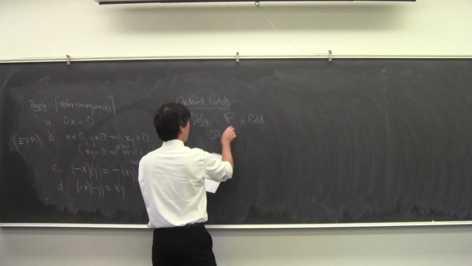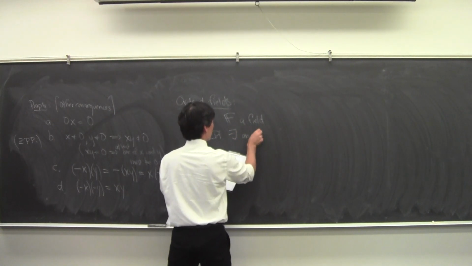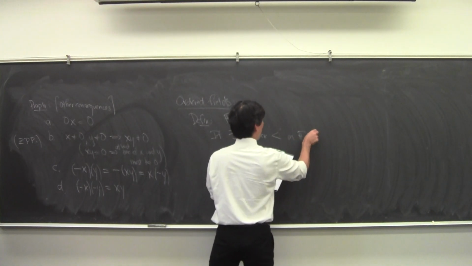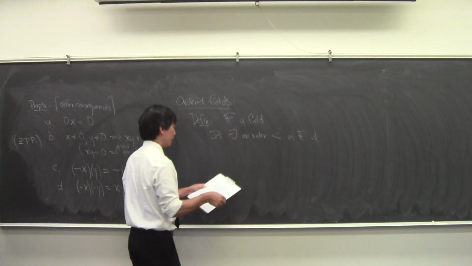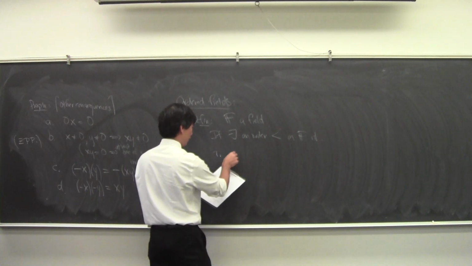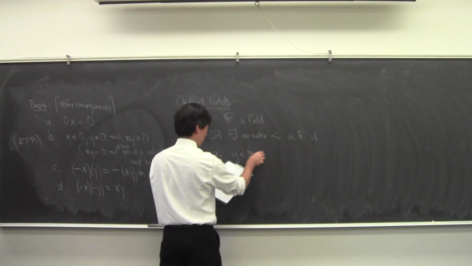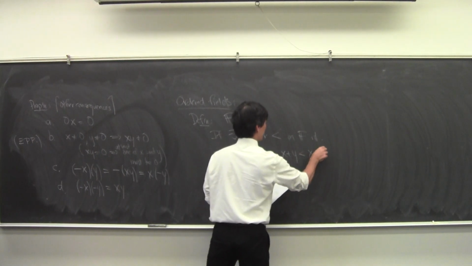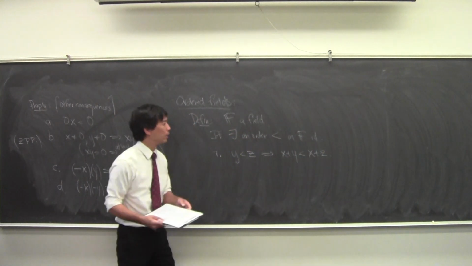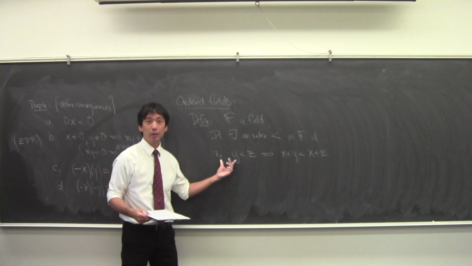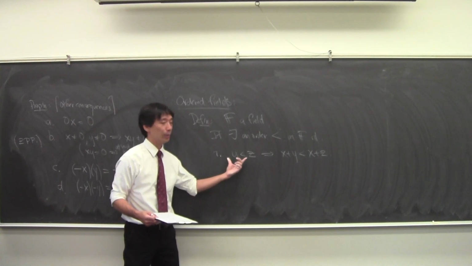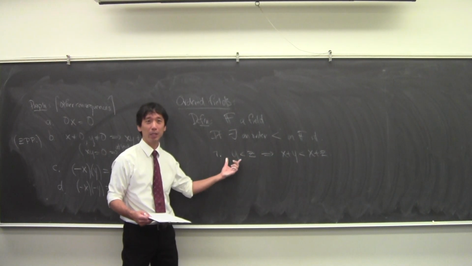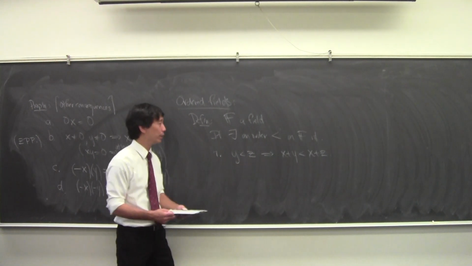If there exists an order on F, and it has the following property, that whenever y is less than z, then x plus y is less than x plus z. So addition of the same element to both sides preserves the order.